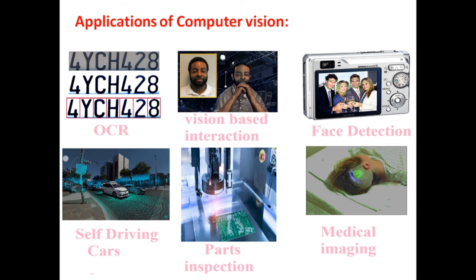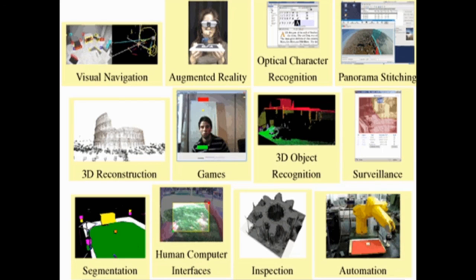Medical imaging, for example if any disease is there, to perform long-term studies on the brain, tracking blood vessels and cells, or how the nervous system is. Also visual navigation and surveillance, which we mainly use for monitoring intruders, analyzing highway traffic, or any traffic violations.